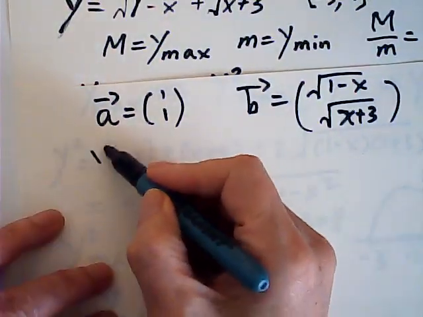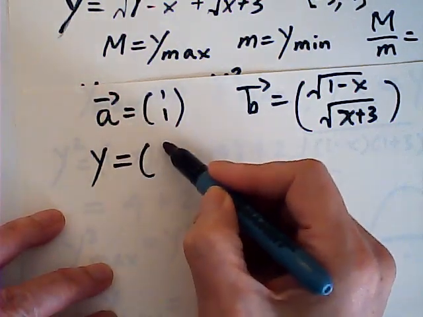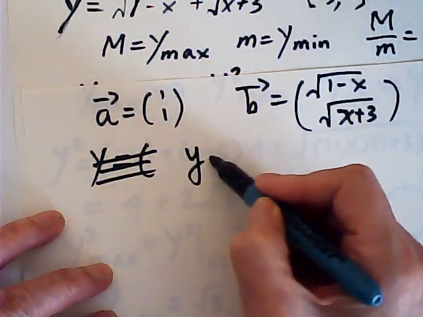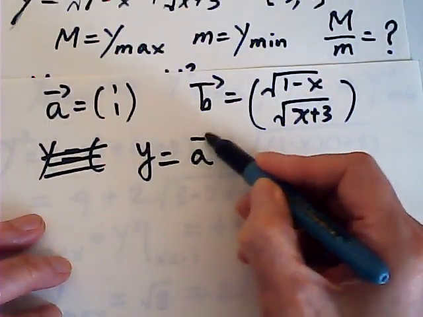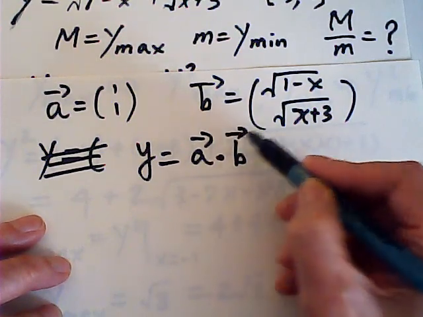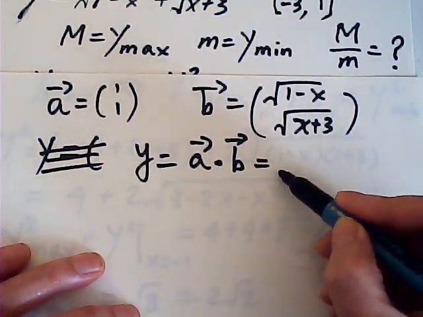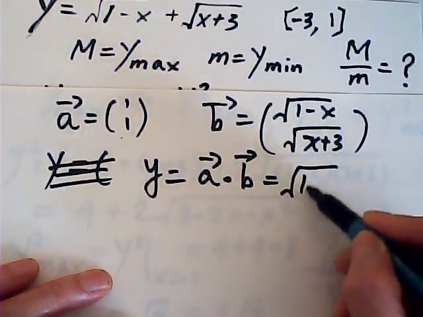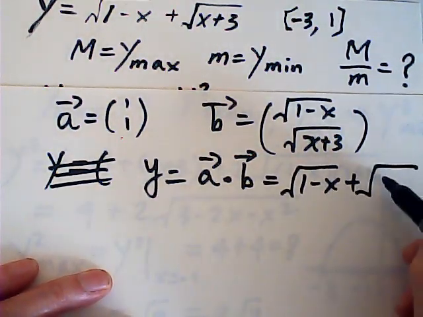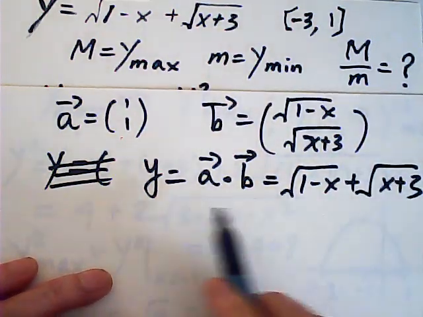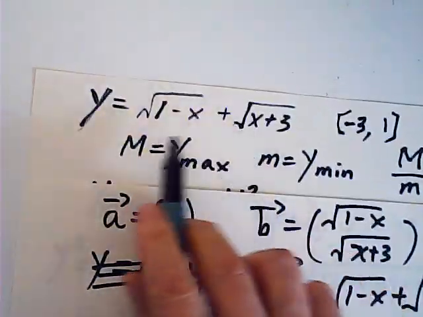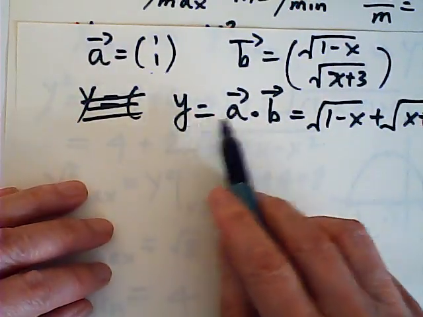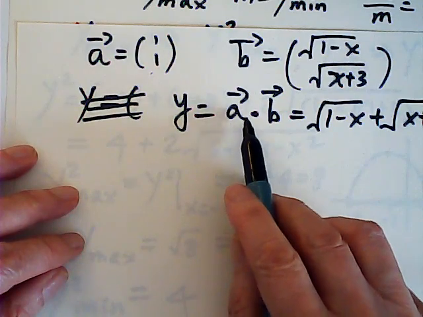And obviously y is equal to vector A dot vector B, which is this times this plus this times this. So that is exactly the function given. So y equals A dot B.